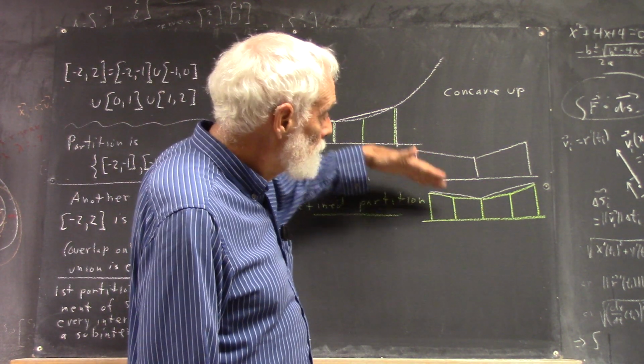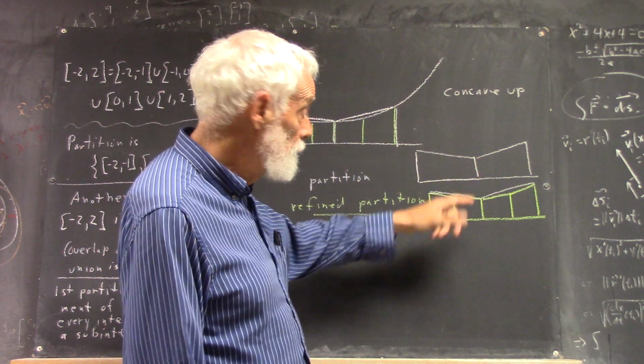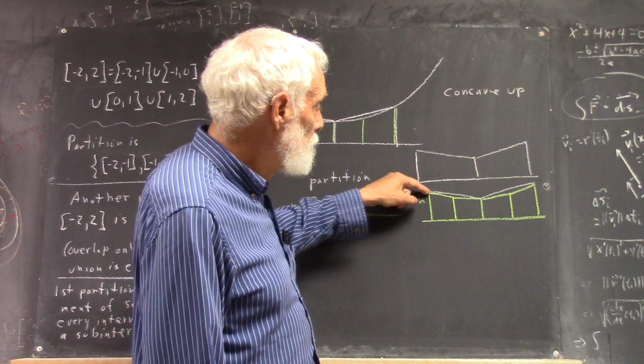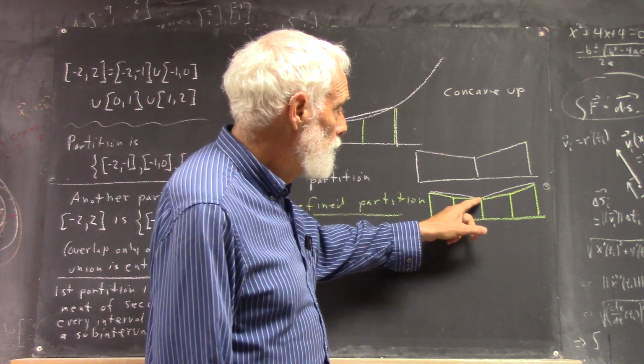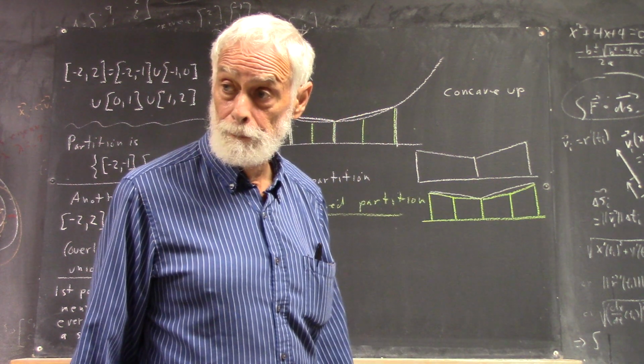But we see because of the concavity, because this is concave up, this point has to be below this line, and this point has to be below this line, right?